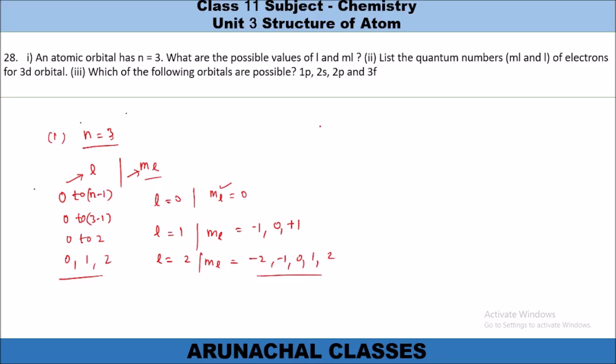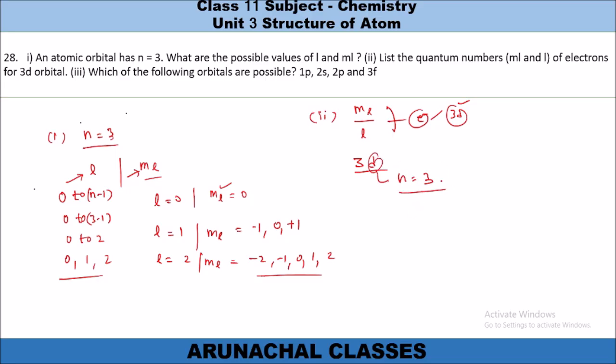We have the second part here. In the second part we can see, list the quantum numbers, magnetic quantum number and azimuthal quantum number of electrons for 3d orbital. So we have 3d orbital where electrons are present. When I say 3d orbital, it means n value is 3, that is the principal quantum number.